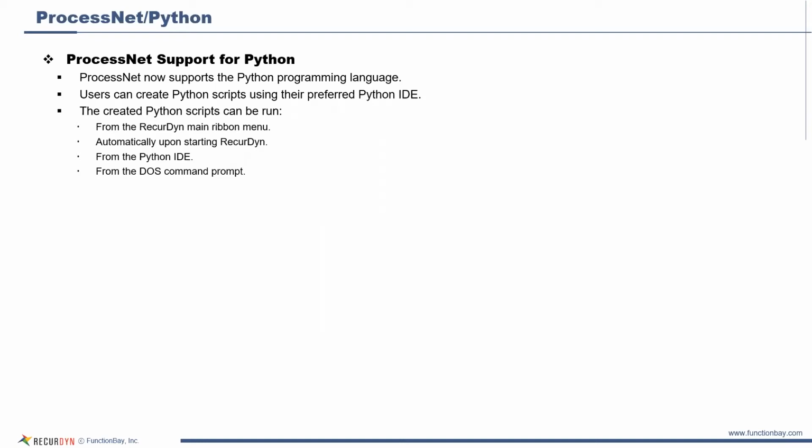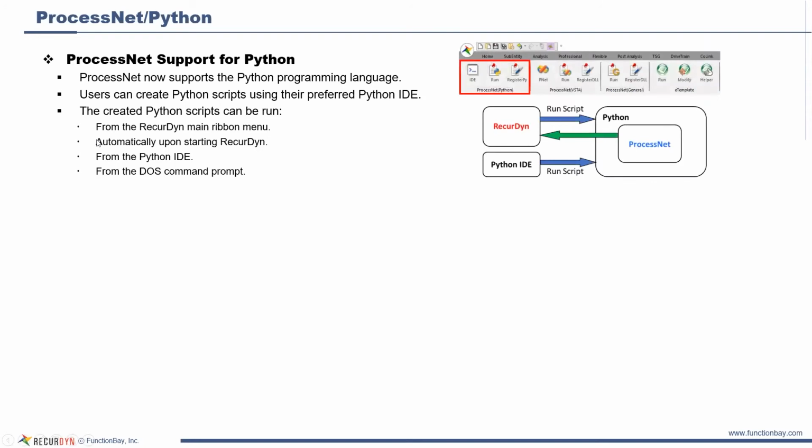A nice advantage also is that you can run it from a DOS command prompt or as part of a script. So basically you can now start ProcessNet scripts from outside of RecurDyn, which is a nice enhancement.